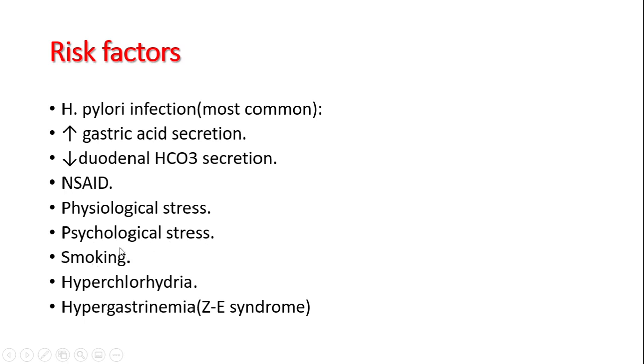Smoking is an important cause of impairment of normal repair. Smoking interferes with oxygen supply to the lining epithelium, that is hypoxemia, resulting in hypoxia to the lining epithelium, which results in impairment of repair, regeneration and healing of ulcers.